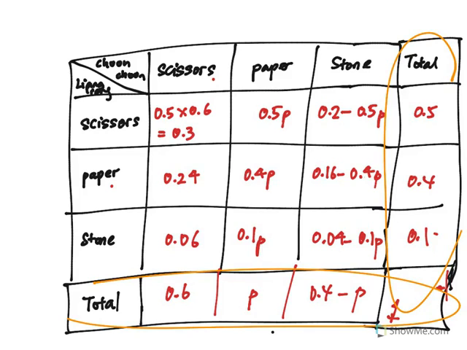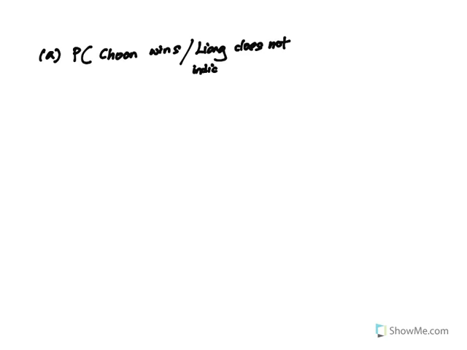For part A, we want to find the probability that Chun Chun wins the game, provided that Liang Liang does not indicate paper. There are a lot of ways we can look at it.